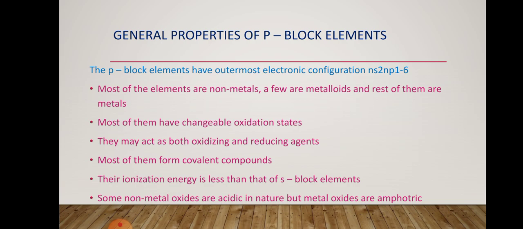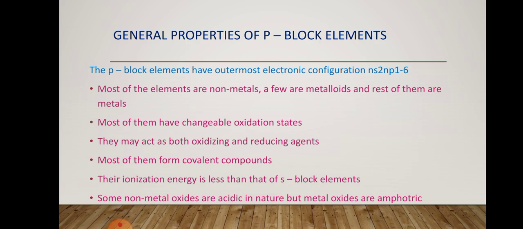Some nonmetal oxides are acidic in nature, for example, phosphorus pentoxide, nitrogen dioxide, sulfur dioxide, etc. But metal oxides are amphoteric. That means metal oxides react both as an acid and as a base.